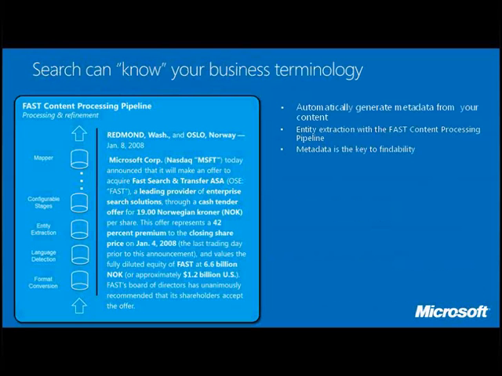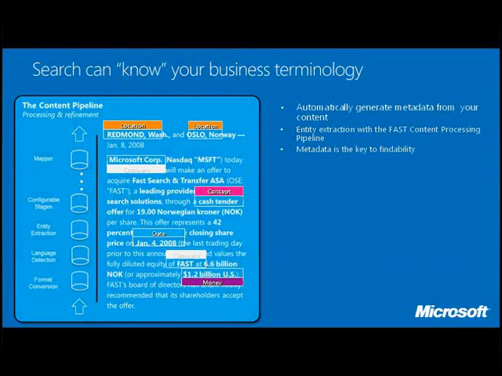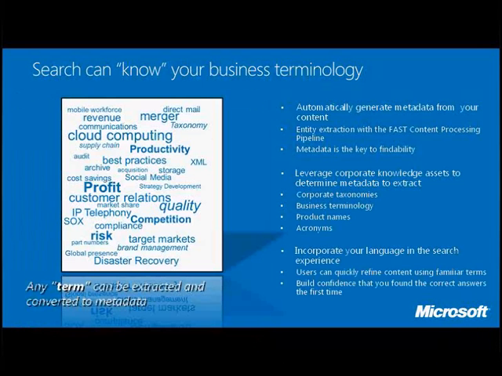Okay, so this is in the pipeline. Now instead of going to the right, it's going up. Not consistent, but I apologize for that. So the text starts coming through in the light blue, an article, Dateline, Redmond, Washington, and Oslo, Norway, January 8, 2008. We want to look at the things that are in that document and pull them out and tag the document with these company names, these locations, these concepts, cash tender or dates, numeric financial values, things like that.